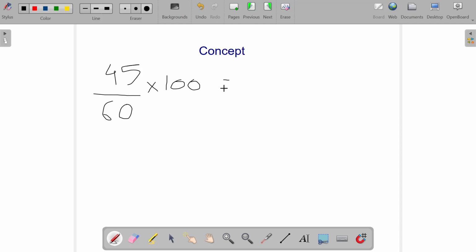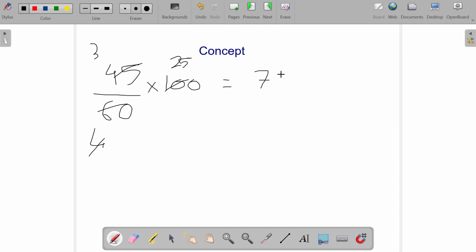So he scored 45 out of 60. So 45 is the value, 60 is the total value, and multiplied by 100. So here 45 and 60 get cancelled. So 3 by 4, and now 400. So 25. So 25 into 3 is nothing but 75.